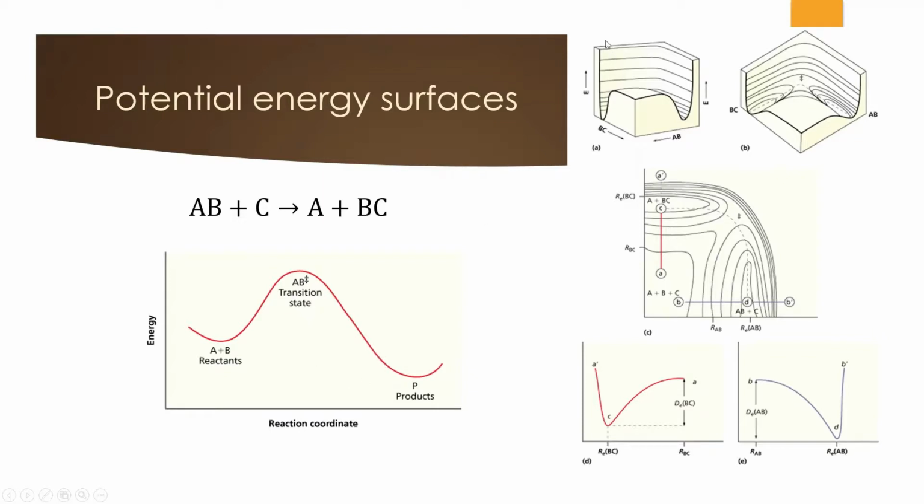You can attempt to draw three-dimensional surfaces for them. You can also just draw things like protein folding funnels, and maybe you've seen that in your biochemistry class. So I wanted to make you aware that these tools exist, and we can use them to try to chart how A and B might go to B and C.